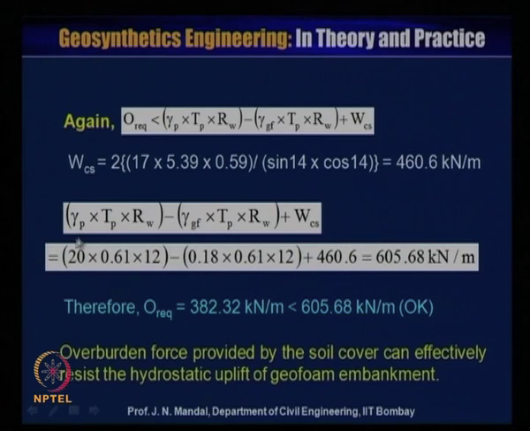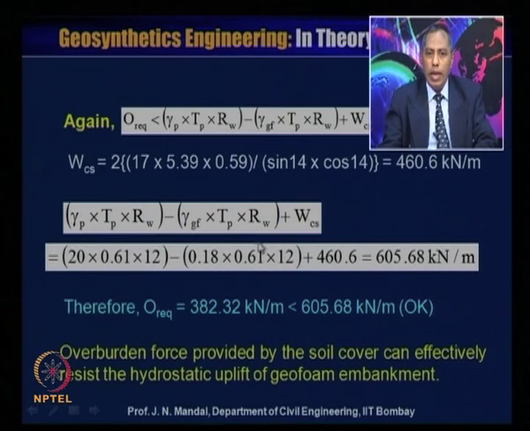So again, gamma P into Tp into Rw minus gamma Gf into Tp into Rw plus W of Cs, the weight of the cover. So this gamma P is 20, Tp is 0.61, Rw is 12, minus gamma Gf 0.18, Tp is 0.61 and Rw is 12, plus WCS is 460.6. So this will give 605.68 kilonewton per meter.